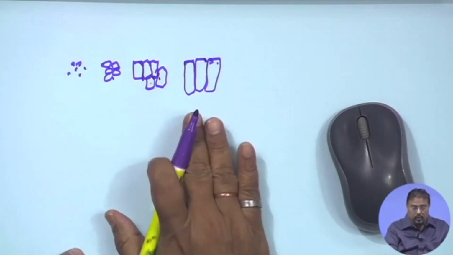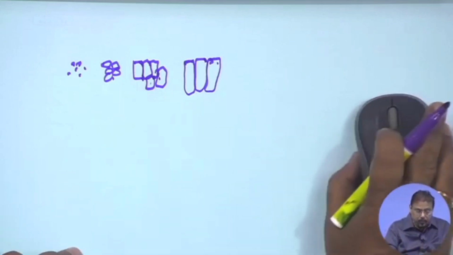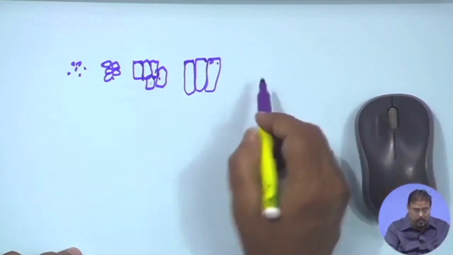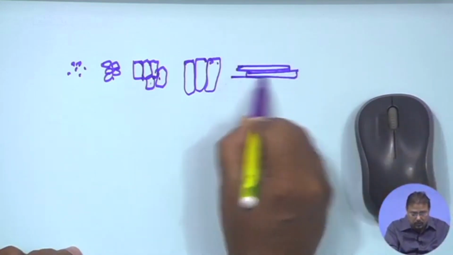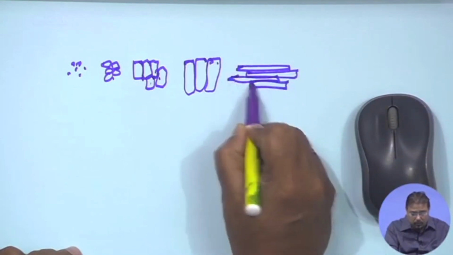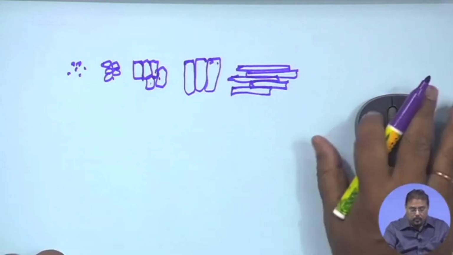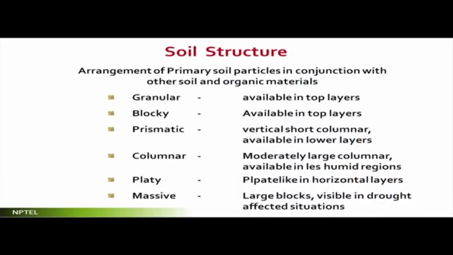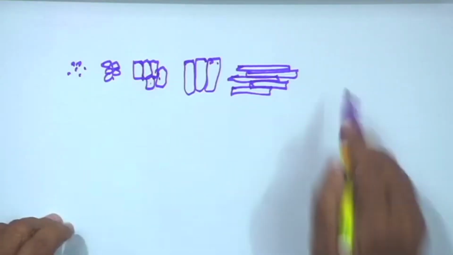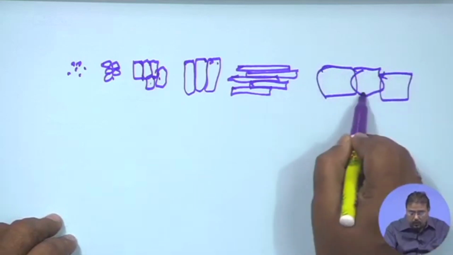Quite often you will see this kind of soils when the top surface is fairly bare. And then another is platy. Platy is basically the different plates of soil layers. Now, the massive, the large blocks, means you find that it is a good kind of soil. Now, see this kind of structures.